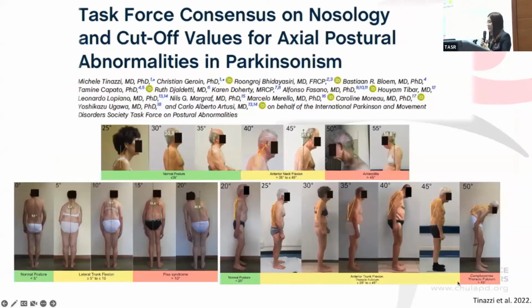Definitely, the frequently asked questions include how we should differentiate pathological postural abnormalities from normal variants in the elderly. Recently, there is a consensus from the Movement Disorder Society Task Force. This demonstrates the degree of normal variance and the pathological abnormalities.